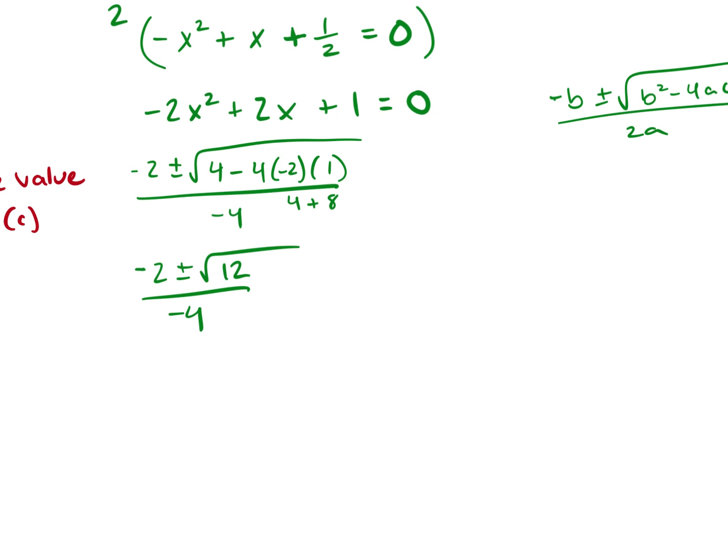Then we can simplify here. Negative 2 plus or minus, this would be 2 square root 3 over negative 4. And simplify a little bit more, divide all of our whole numbers by 2, or if you want to divide them by negative 2, either way, doesn't matter. This would be negative 1 plus or minus square root 3 over 2.